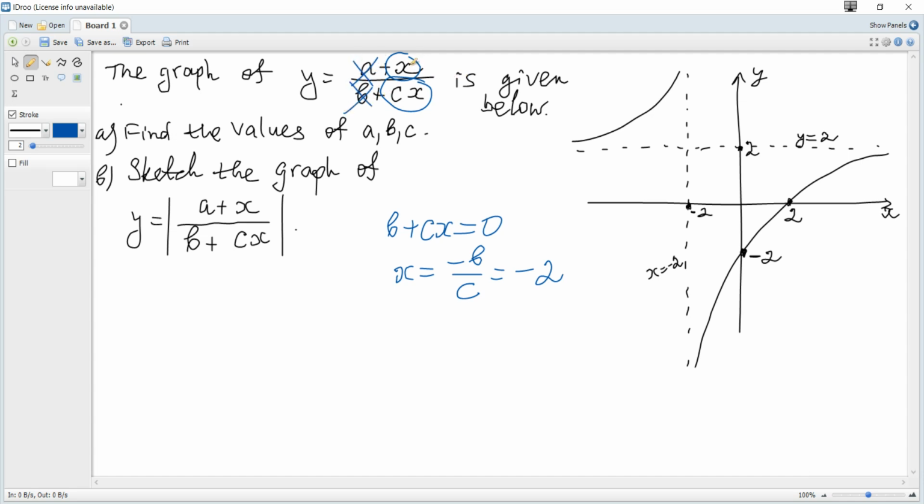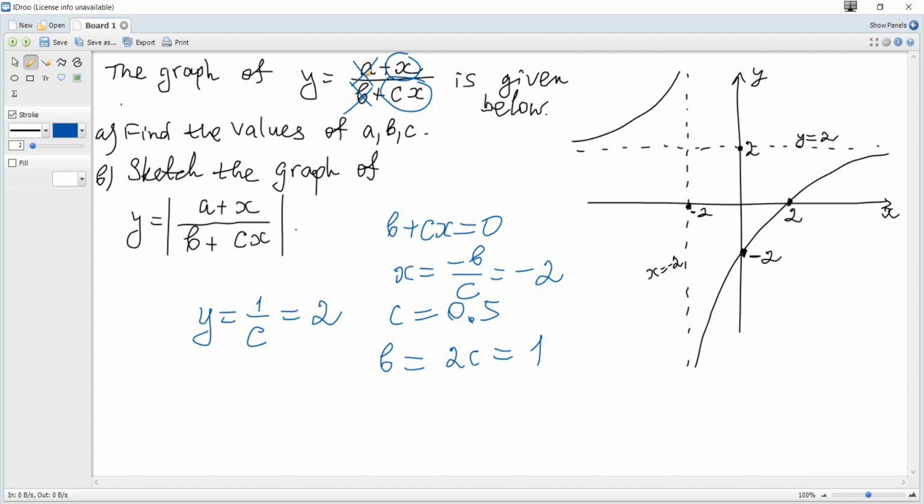And if the greatest power in the numerator is of the same order as in the denominator, like here, hence for the horizontal asymptote you just need to divide the coefficients, it's just 1 over c. And we can see that y is 2, hence c is 0.5, and hence b is 2c, which is 1.